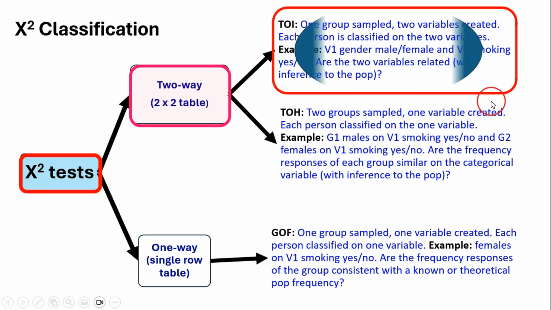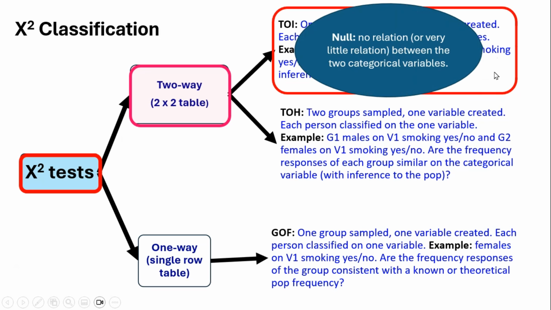So the null hypothesis for this one is that there is no relation or very little relationship between the two categorical variables.